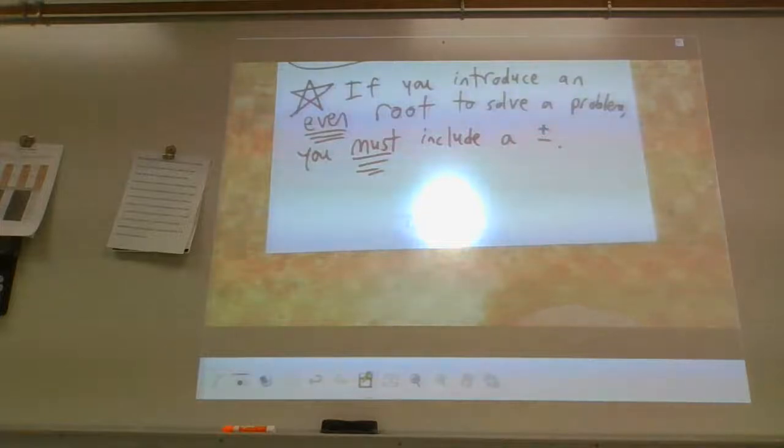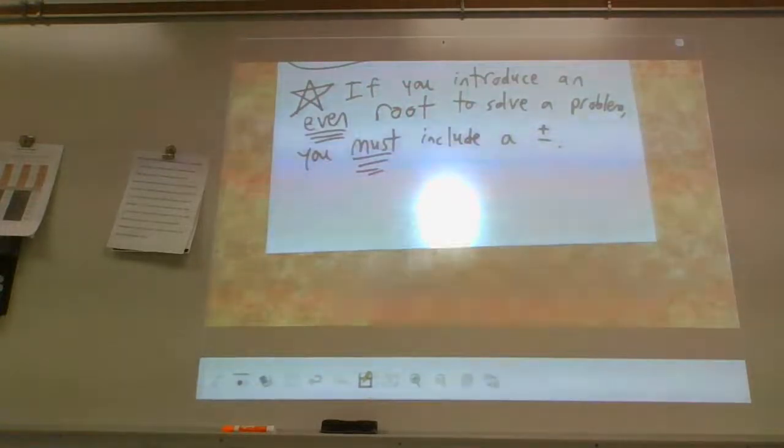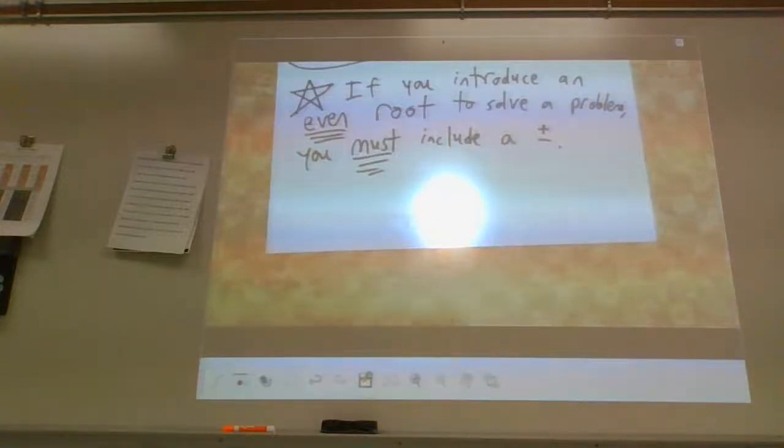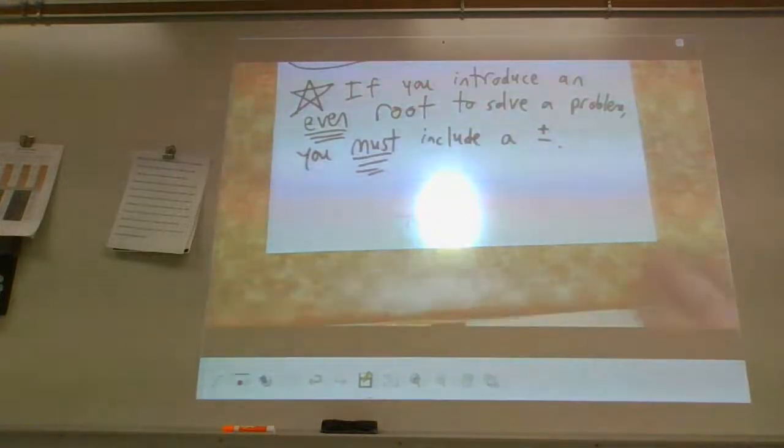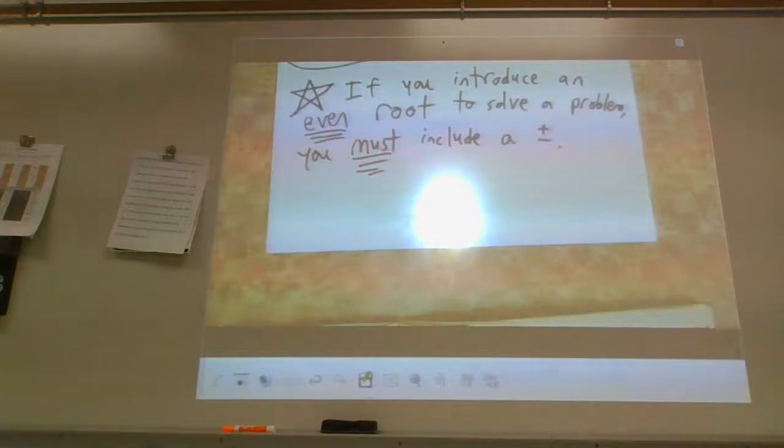If the problem already had an even root floating around, then you don't have to worry about a plus or minus. I'm trying to get some papers here. There we go. I do have a few examples of such that I am going to be throwing at you in a little bit, but let's start with some of the more basic things.